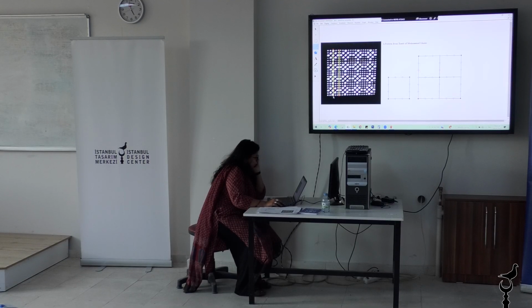You have further symmetry lines here. I'm drawing all the symmetrical lines. It's very visible. This also is further divided. So all you have to do is just this pattern.